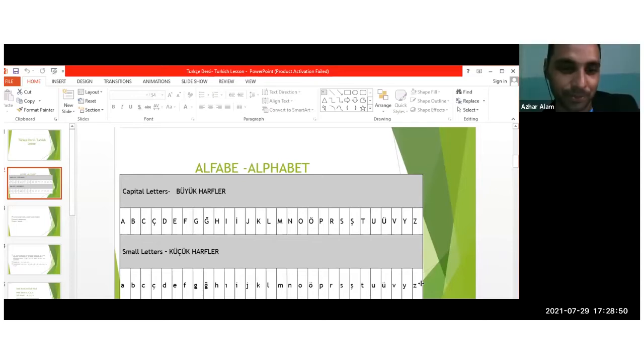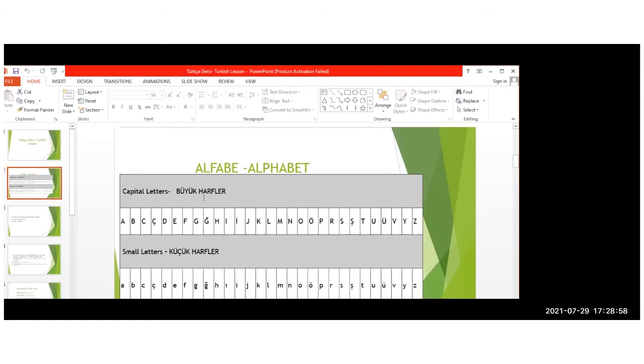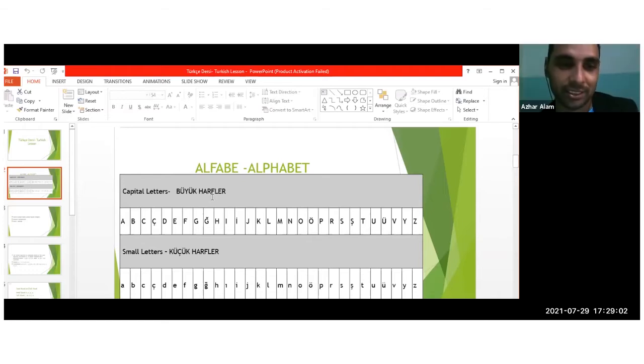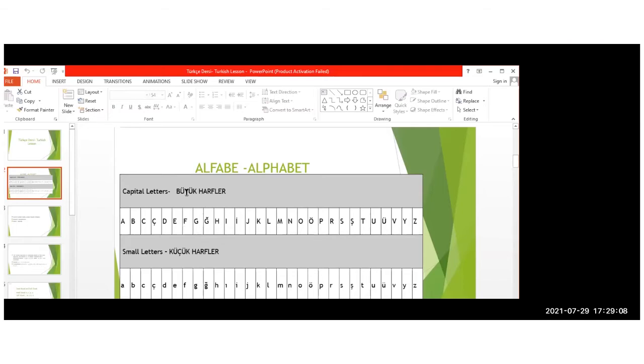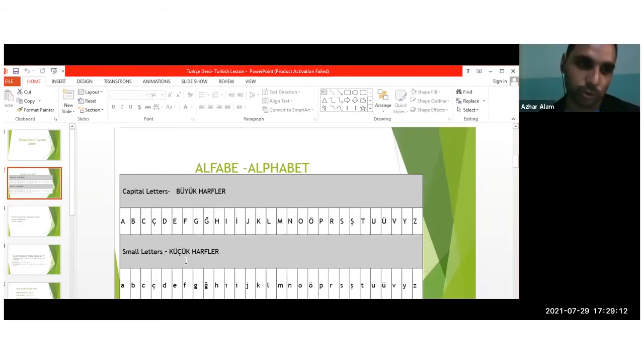No problem. The word letter is known as harf. I will send you this harf, and you will understand later on. Buyuk means capital, Kucuk means small. Buyuk means big, large.